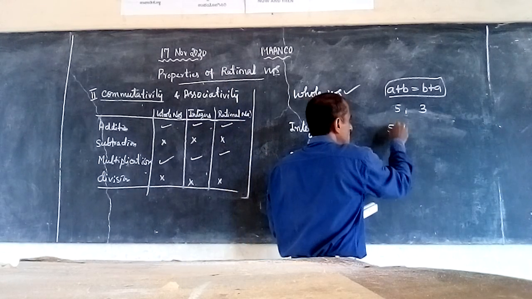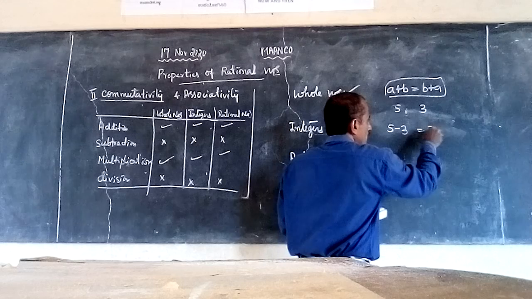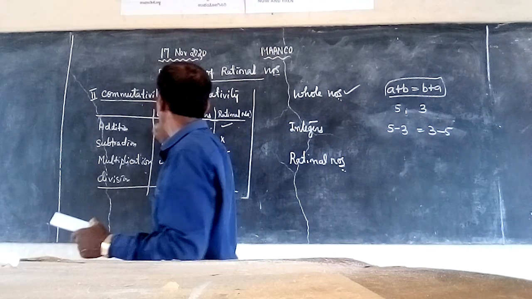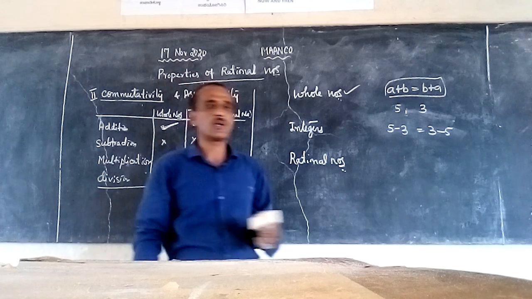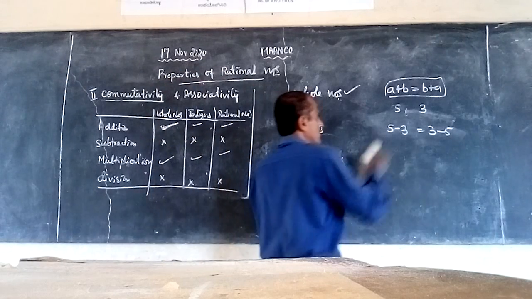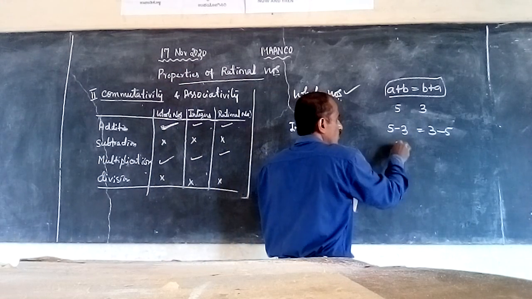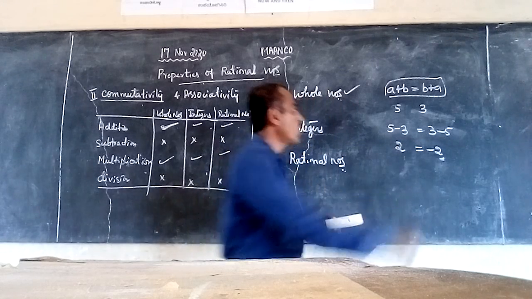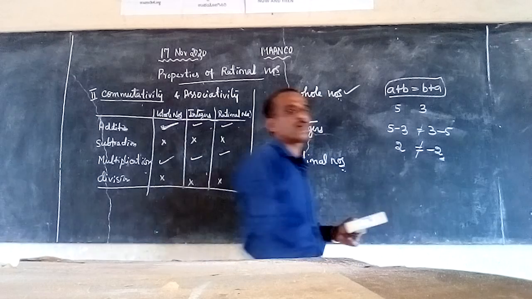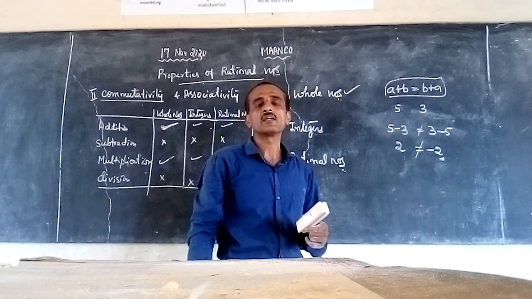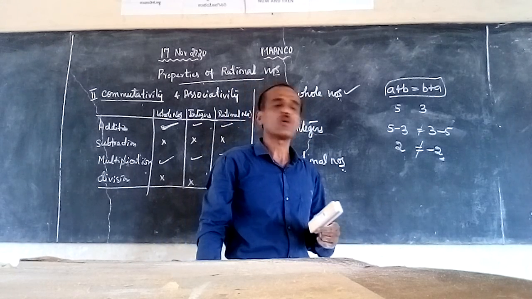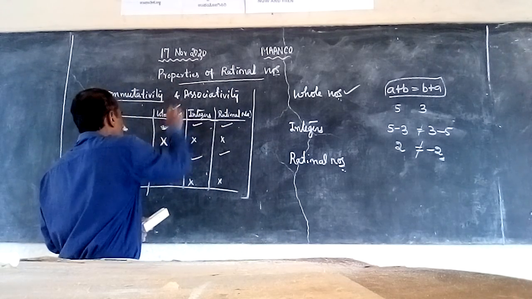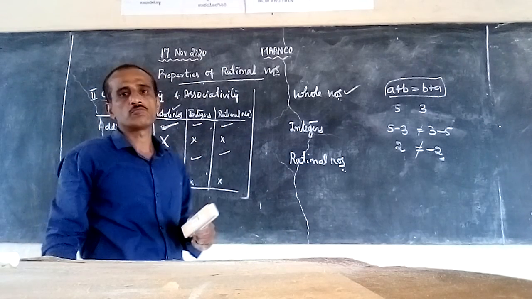Whether 5 minus 3 is equal to 3 minus 5. 5 minus 3 is equal to 2. 3 minus 5 is equal to minus 2. 5 minus 3 is not equal to 3 minus 5. Therefore, subtraction is not commutative for whole numbers.